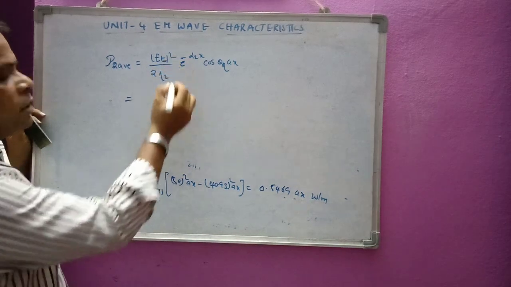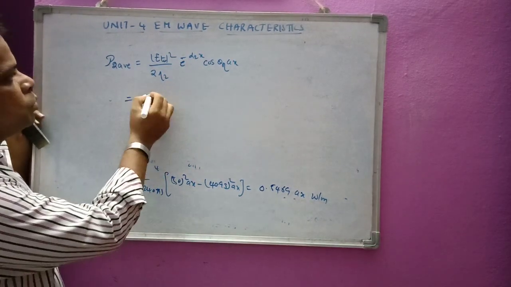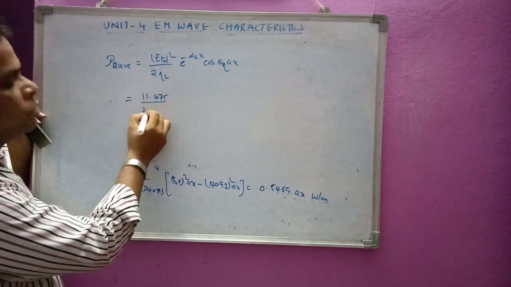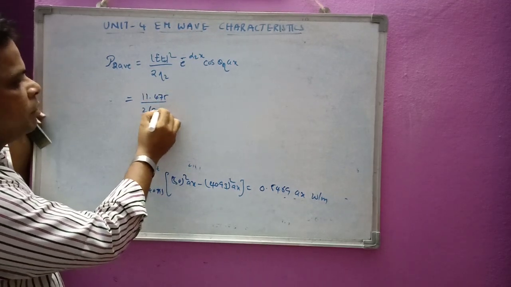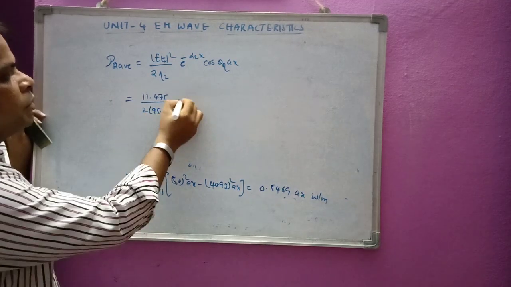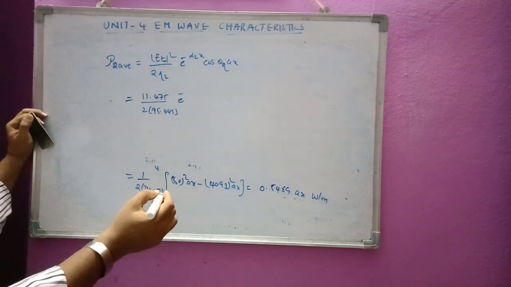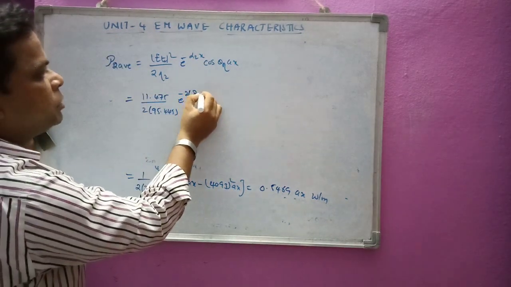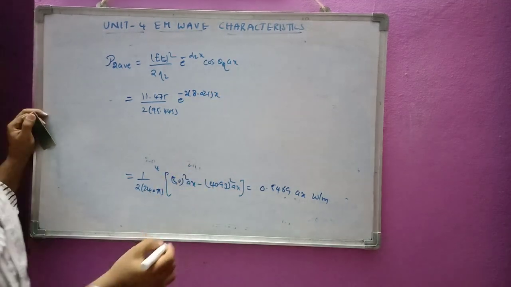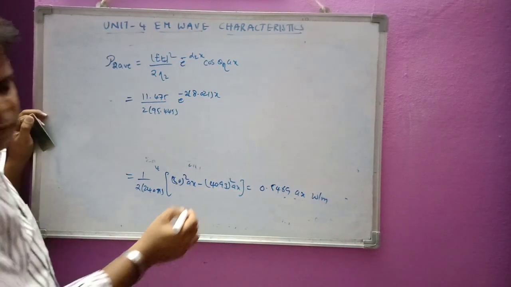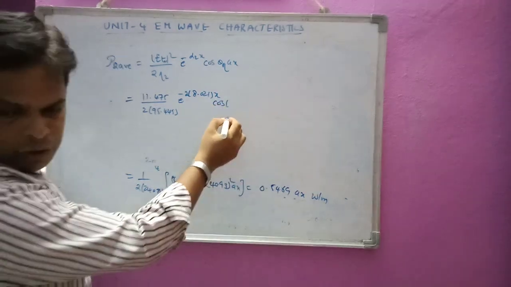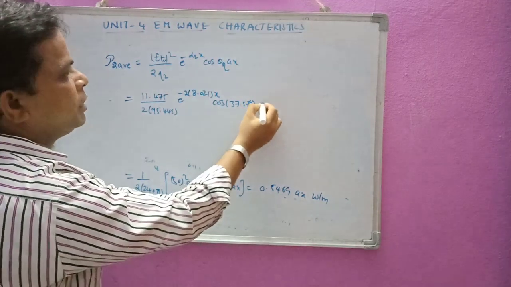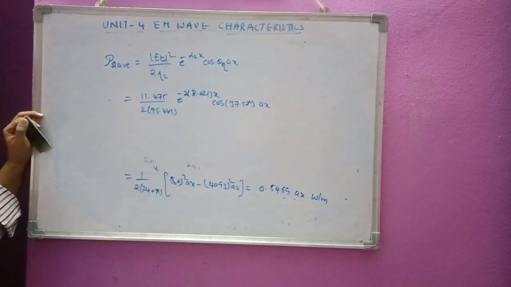Actually we have to take ET naught by 2 eta 2: 11.475 by 2 eta 2, 95.445, into e power minus 2 into 8.021 into x, cos of 37.57 degrees into a_x.